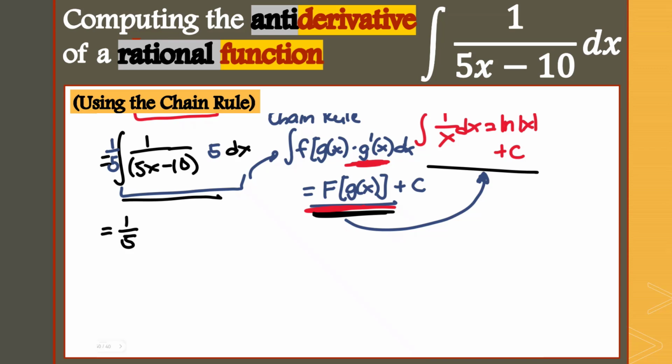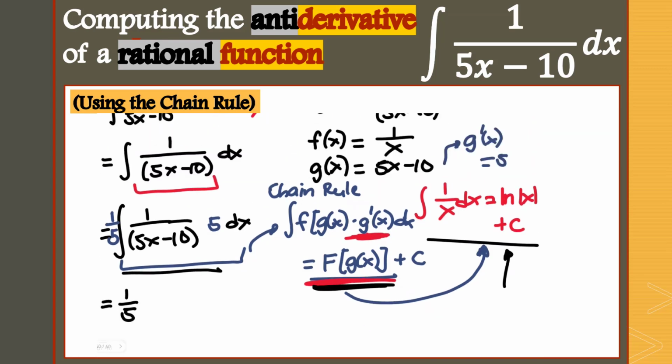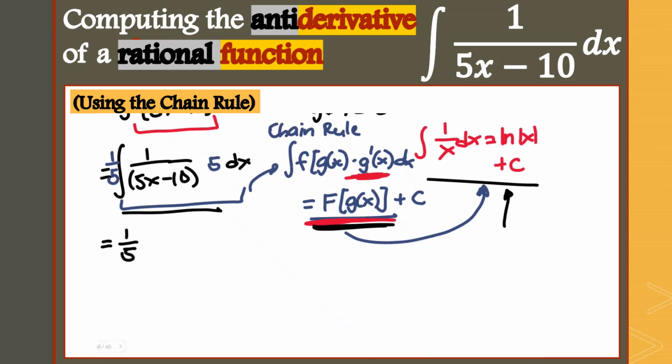And again, we will be following the logarithmic rule, natural logarithm of x, where our x here is another function g of x. So this means this is actually times the natural logarithm of your g of x. Then you will have your plus c, as the rule states.